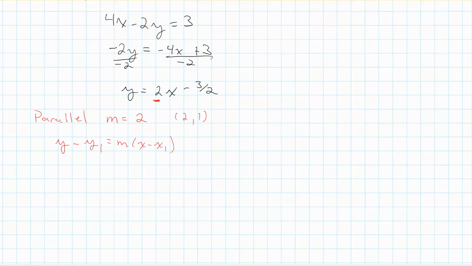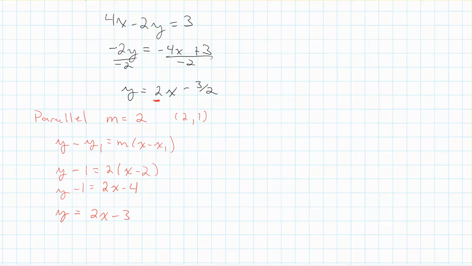And then I would simply write down, plugging in everything, y minus 1 is equal to 2 times x minus 2. Put it in slope-intercept form. So y minus 1 is 2x minus 4. And y is equal to 2x minus 3. So that would be a parallel line to the original equation. And yes, we can see it has the same slope, but of course the y-intercepts are different.